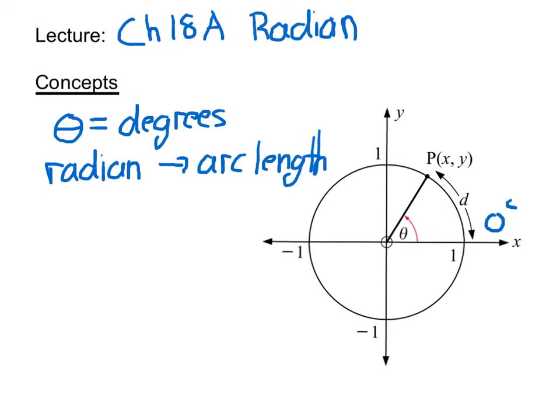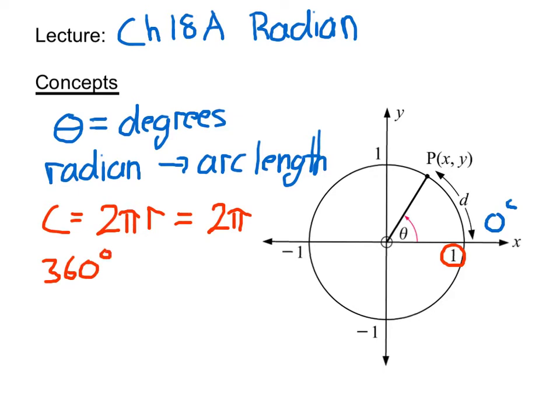Remember from geometry that the circumference of a circle is equal to 2 pi r. But also note that the radius of a unit circle is equal to 1, so the circumference of the unit circle is really 2 pi. We know that there are 360 degrees in a circle, and we know that the circumference, or the measure of the length of the entire unit circle, is 2 pi.